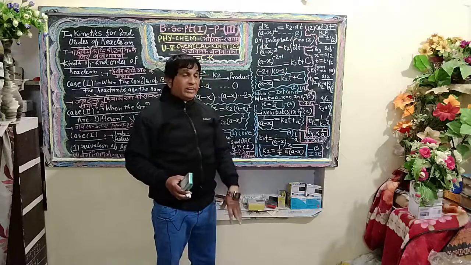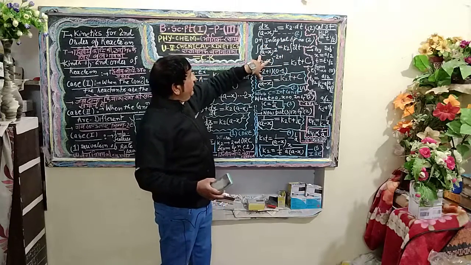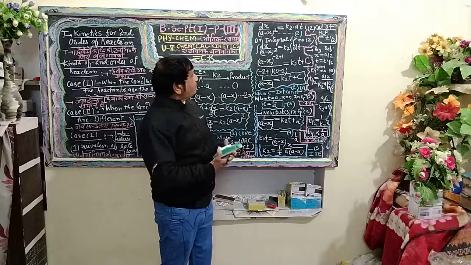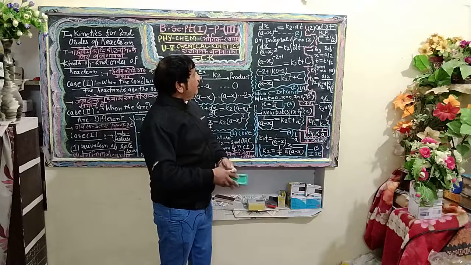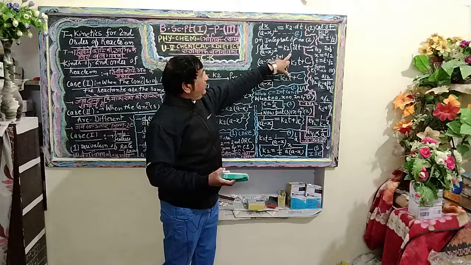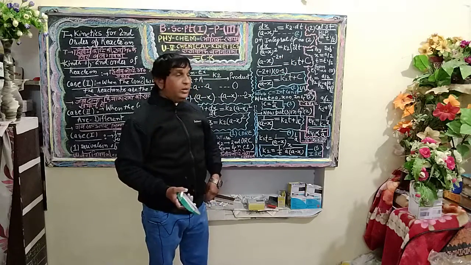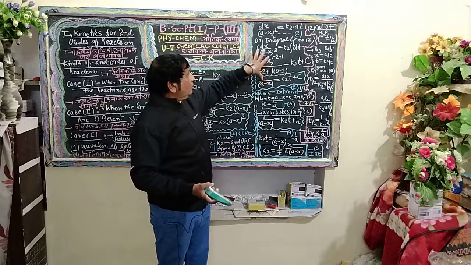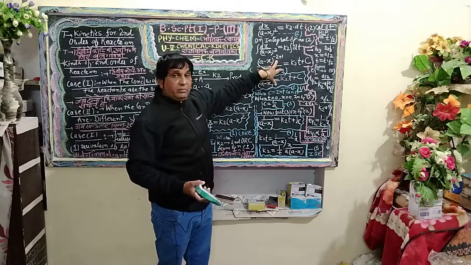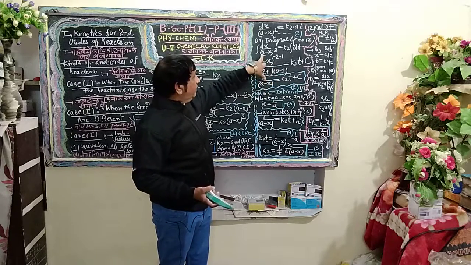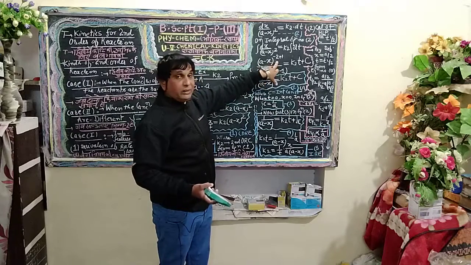Now integrate equation number 2: integral of dx upon (a minus x) to the power square is equal to k2 integral of dt, because k2 is a constant, so take it out. On solving, (a minus x) to the power of minus 2 plus 1, divided by minus 2 plus 1.